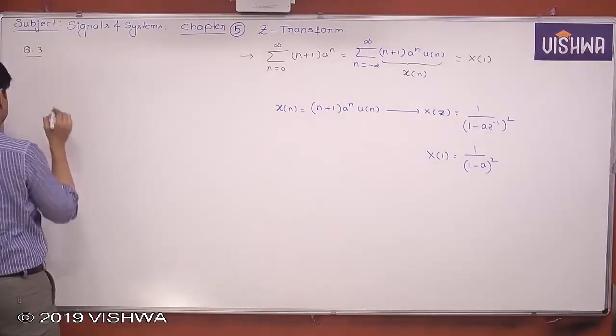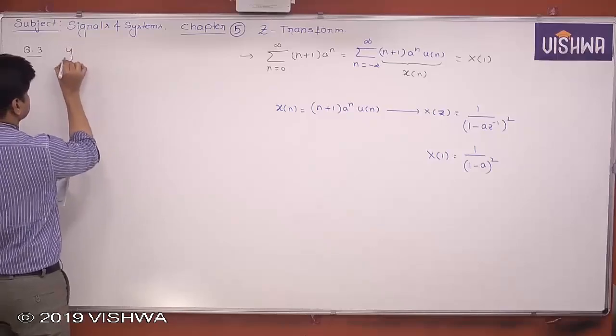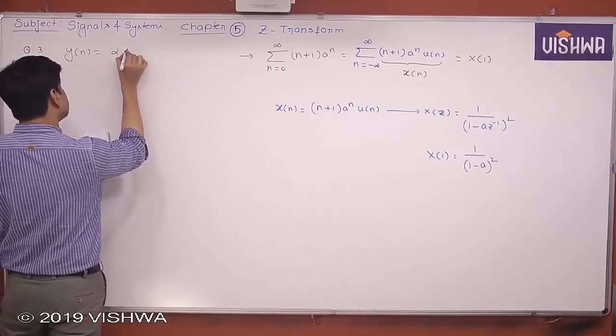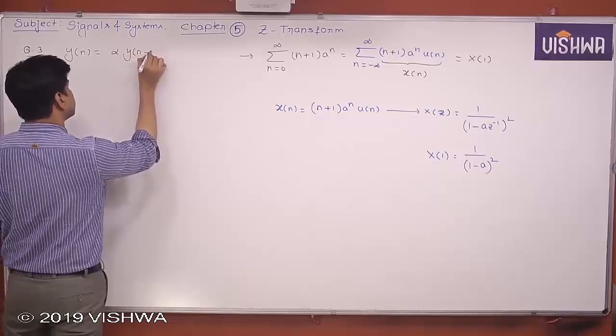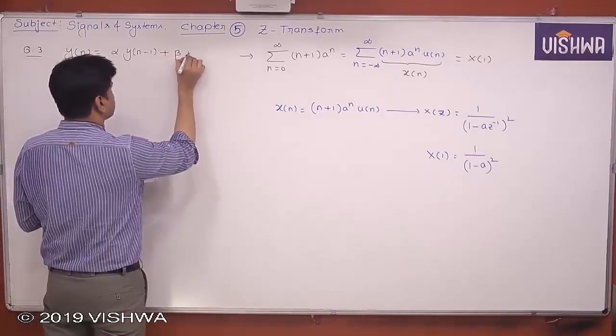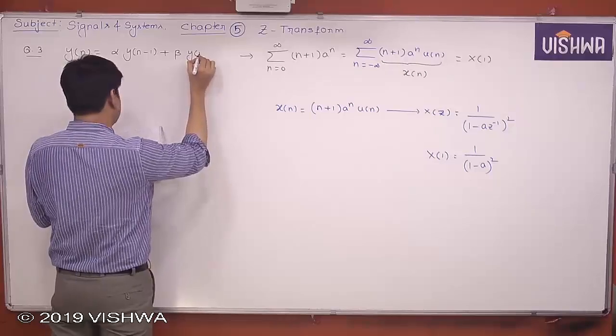Question number 3. y of n is equal to alpha y of n minus 1 plus beta x of n.